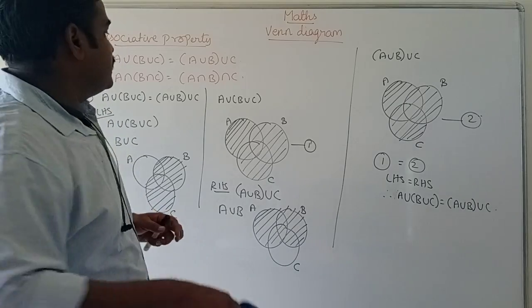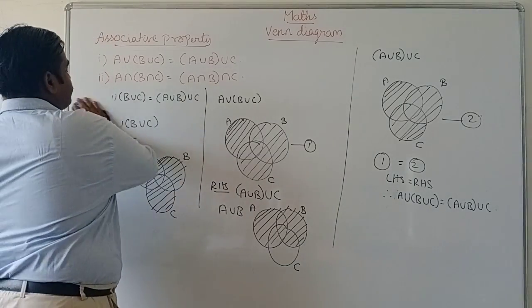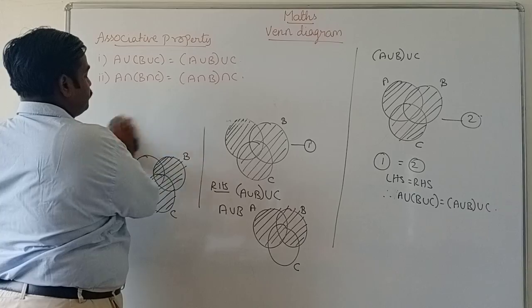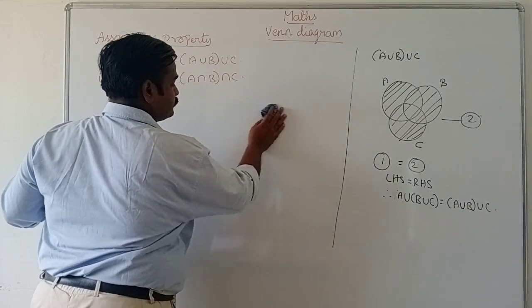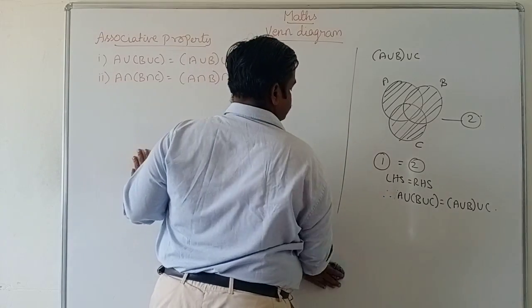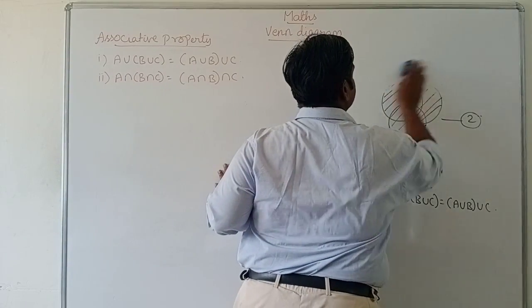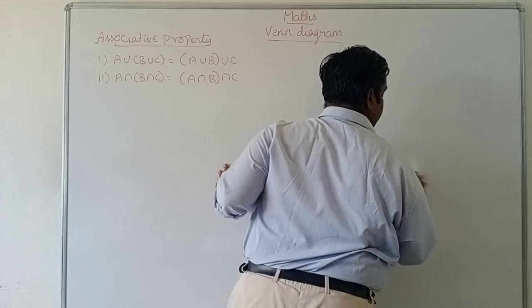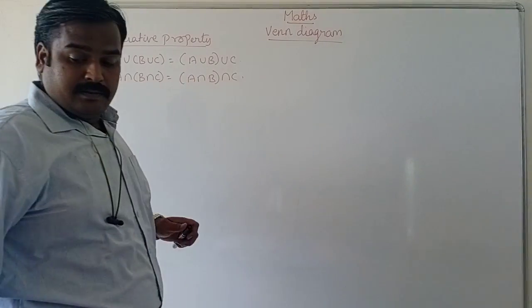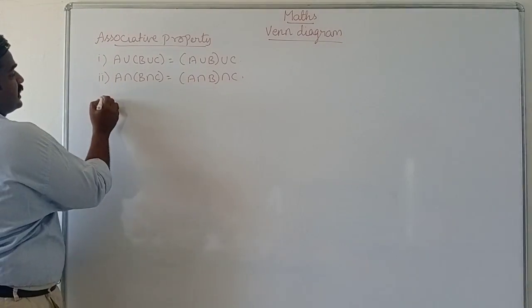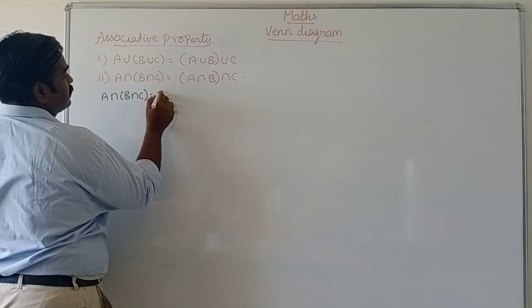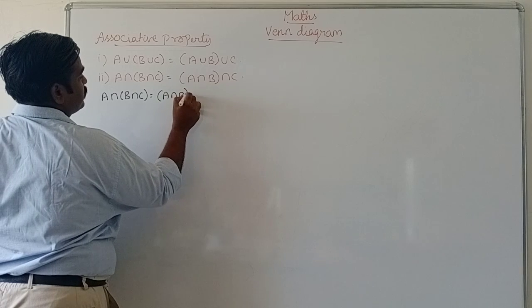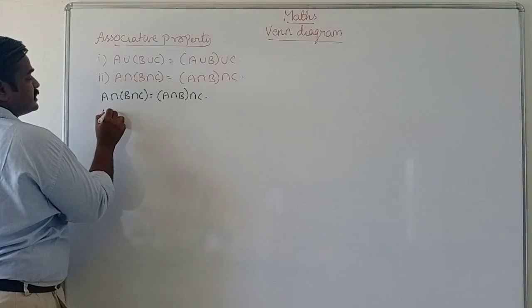The next one is we need to prove the associative property for intersection of sets. Take the next one: A intersection (B intersection C) equal to (A intersection B) intersection C. Take this LHS first.